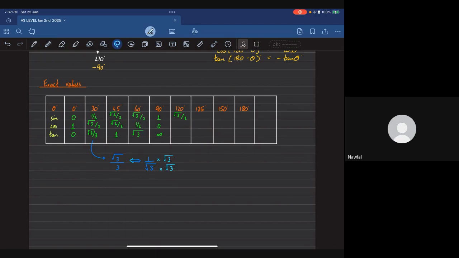But now values will repeat for each and every one of them. The only difference is that only sine values will be positive. Why? Because after 90, we went into the second quadrant. So now sine of 150 is 1 over 2.